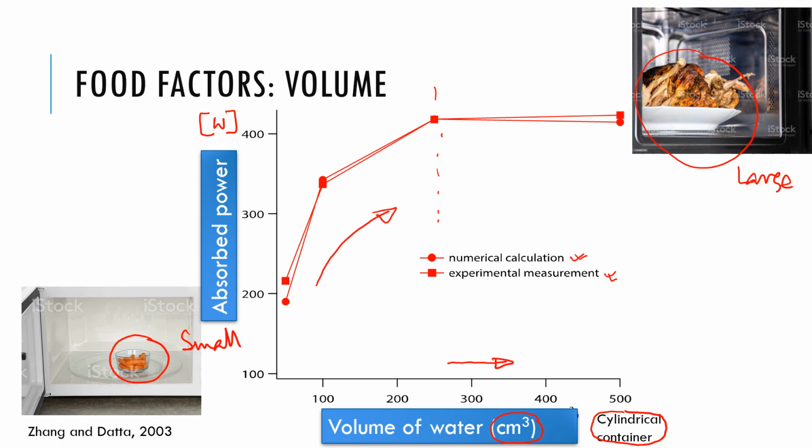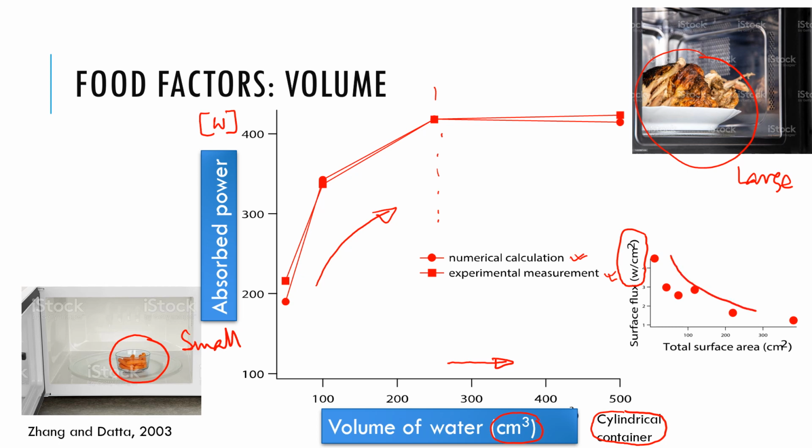So Watts per unit surface area looks like this. If we think of some sort of a flux, like it would be in conventional heating, watts per centimeter square, that goes down like that as the volume increases or the total surface area increases.